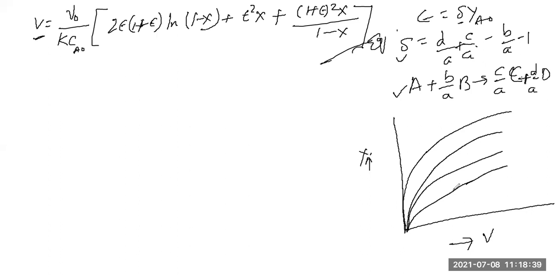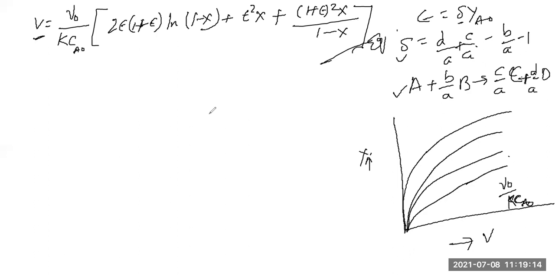The values of epsilon are given, and we know that in the integral form, because we are drawing this graph based on this equation, v upon k CA0 is constant. Now what we basically want to look at is the effect of change in the number of moles in the gas phase on the relationship between conversion and volume.